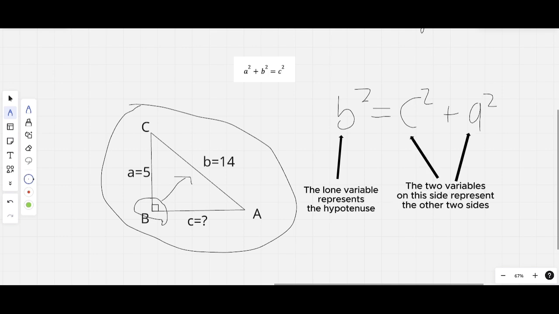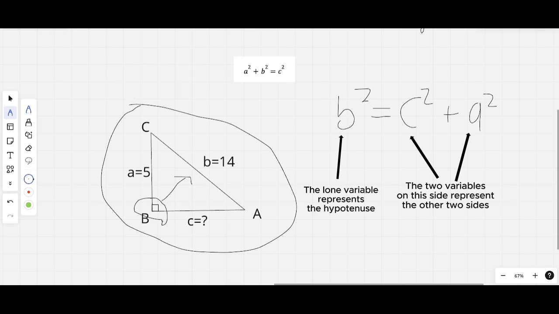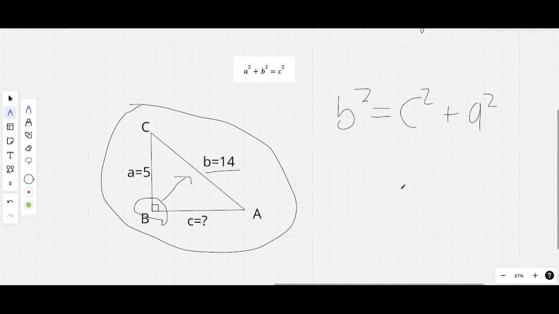It doesn't really matter if you put a squared plus c squared or c squared plus a squared. They're all the same. As long as you don't mix up the hypotenuse and accidentally put the hypotenuse in for the side with two variables, because we have already determined that this is our hypotenuse. So let's just rearrange to solve for c squared.